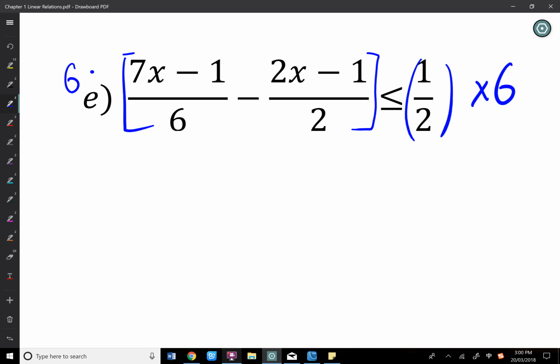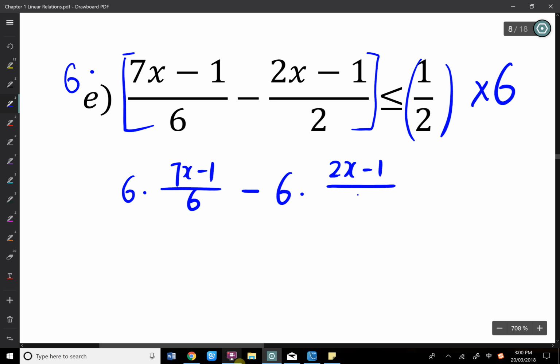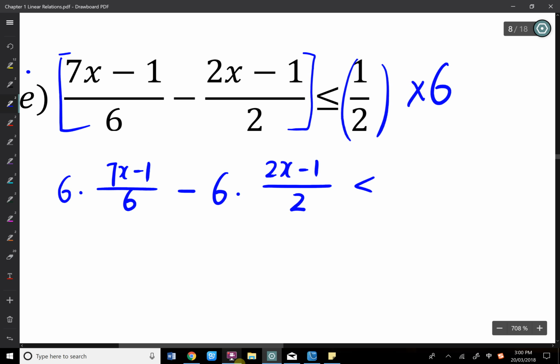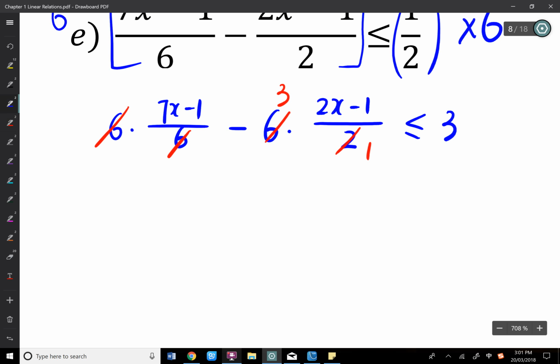So what I can do is 6 times (7x minus 1) over 6, minus 6 times (2x minus 1) over 2, and that's less than or equal to 3. The 6 and 6 get cancelled here, this becomes a 1, and that becomes a 3.